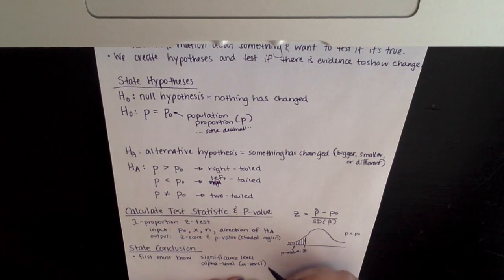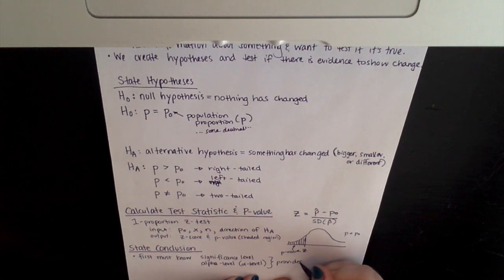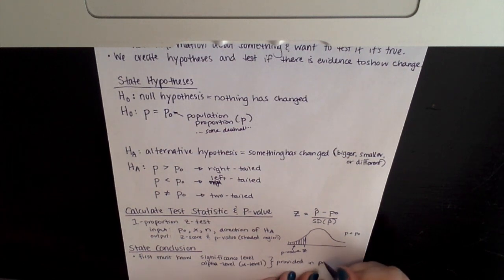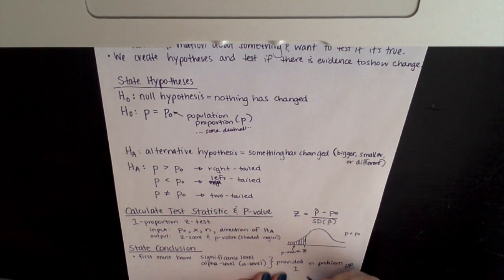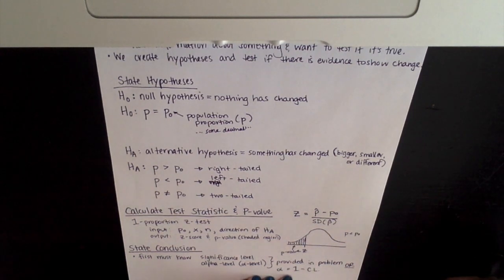All right? So this is either provided in the problem, or we literally take 1 and subtract the confidence level, and we get the alpha level. Okay?